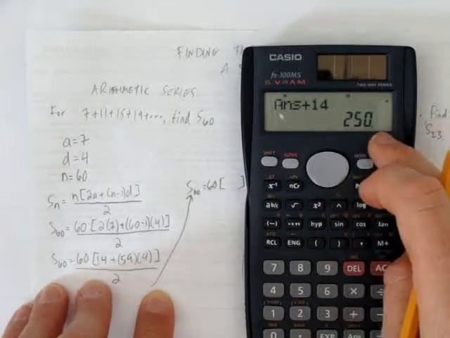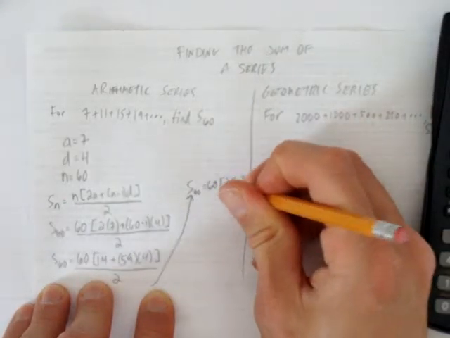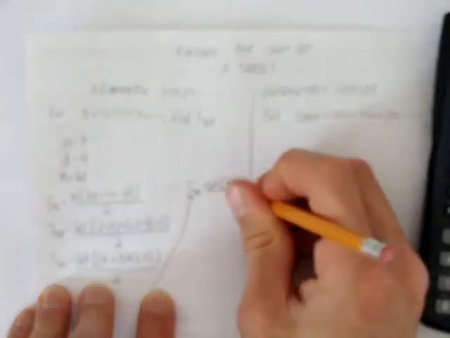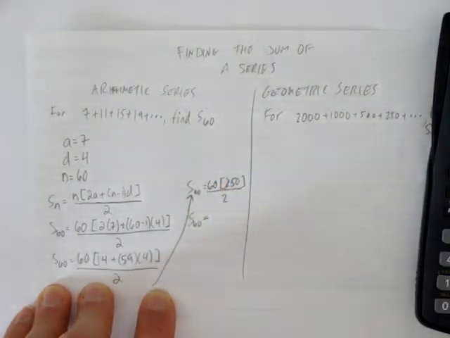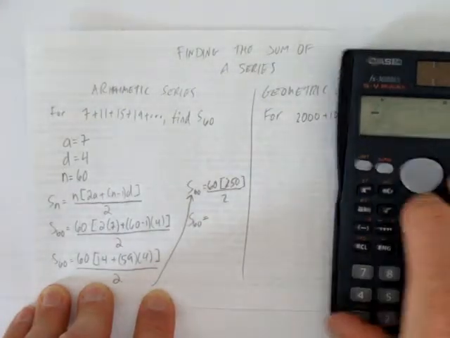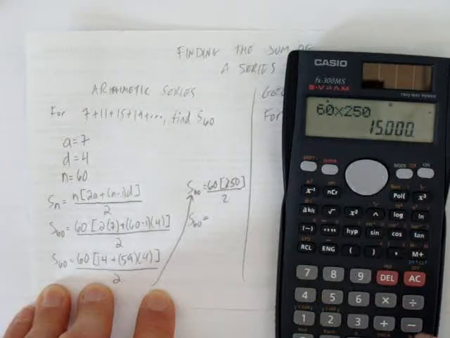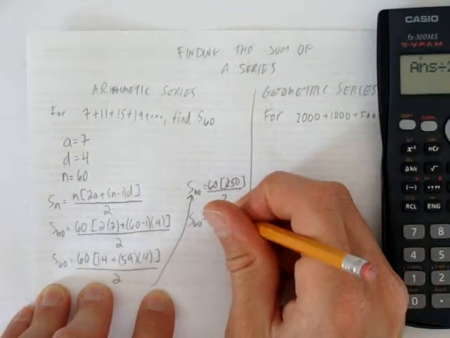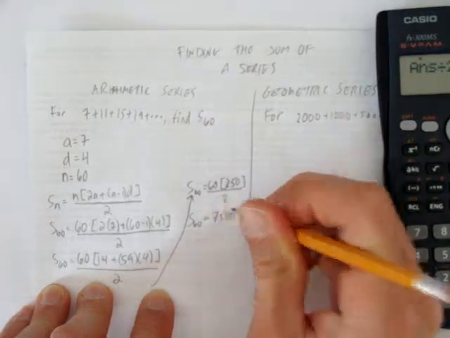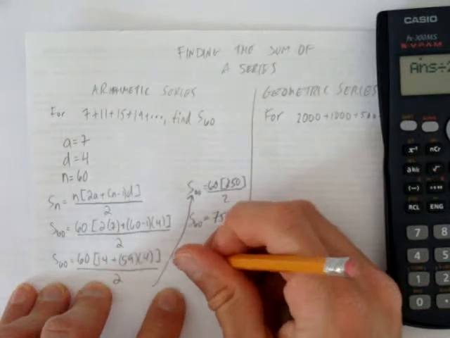So now 250 goes in the brackets here, and don't forget, lots of people forget, still dividing by 2. And now I can do my very last step, which is just multiply those together. 60 times 250, divided by 2, equals 7,500.